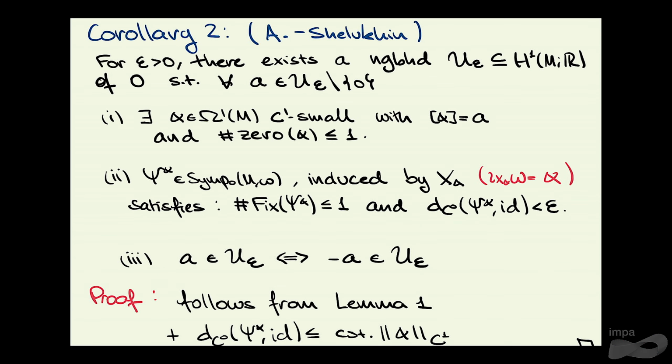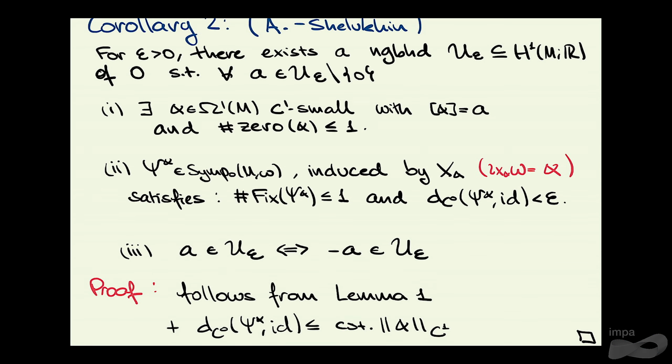But this one form, furthermore, will induce a symplectic isotopy via this equation here. And the time one map of this symplectic isotopy will have at most one fixed point, because we're controlling the C1 norm. There's a bijection between fixed points and zeros of alpha. And furthermore, we can control the C0 distance of the time one map to the identity, basically because this is controlled again by the C1 norm.